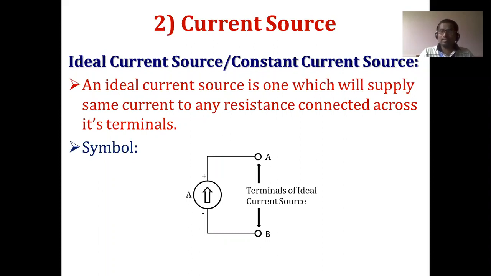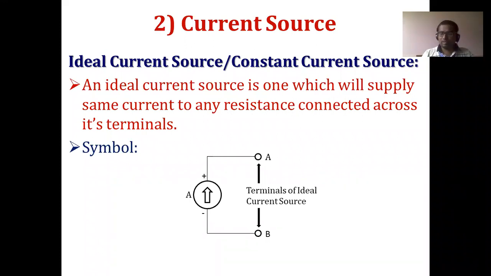It means that the ideal current source has infinite internal resistance. This is the basic reason why the ideal current source will provide the constant current in between the point A and B. This is the major difference between the voltage source and the current source. Ideal voltage source has zero internal resistance, and ideal current source has infinite internal resistance. That's why both the energy sources will provide constant output.